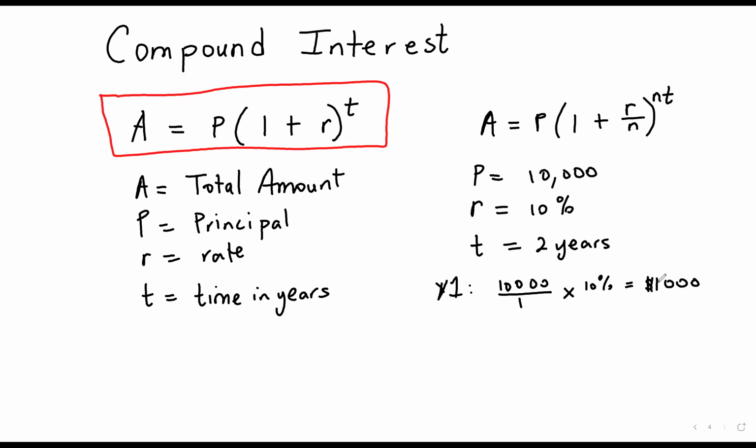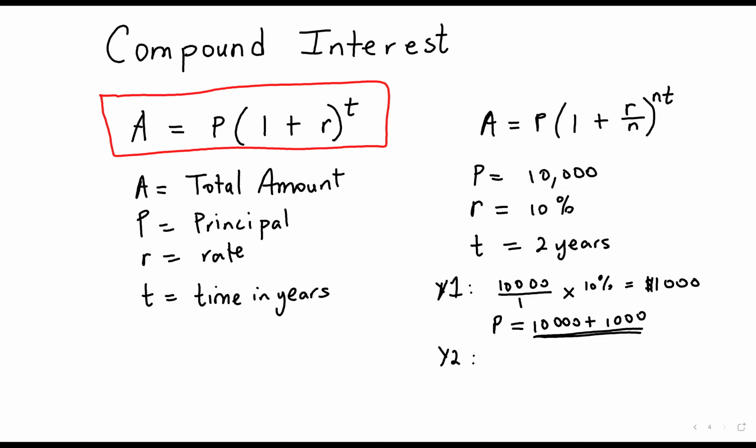So the new principal at the end of year one will be equal to 10,000 plus 1,000. And that means for year two, the principal that the interest will be calculated on is this new value, which is 11,000.